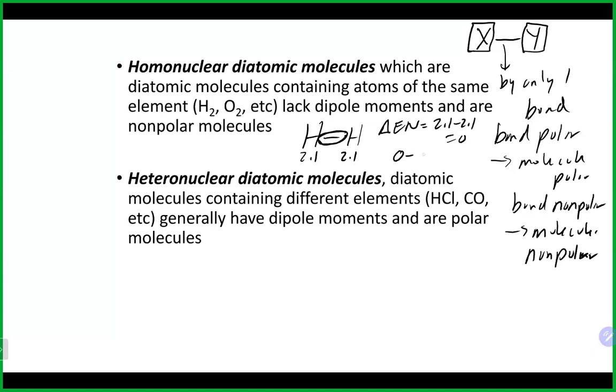And remember, 0 to 0.4 is a nonpolar bond. And that means obviously here, this is a nonpolar bond. And really, you don't even need the numbers, by the way, to hopefully recognize that. And because that is the only bond in the entire molecule, that would also be a nonpolar molecule.